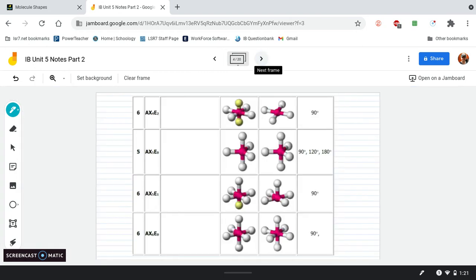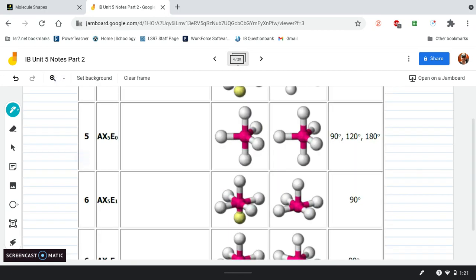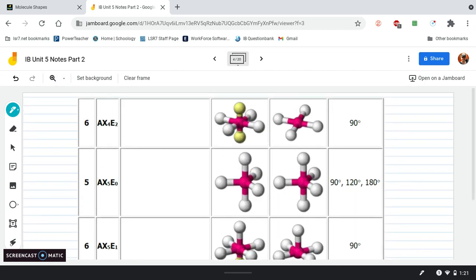Okay, so here we go. Some more expanded octets. So we've got this first one here. These are E's, and these are X's. And of course the A is there in the middle. So we've got a lot going on here, but look, it's actually a flat shape. Normally that can help you determine what is going on.